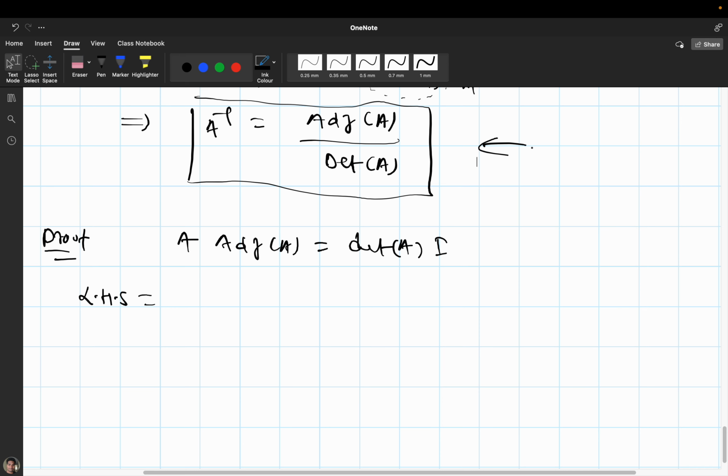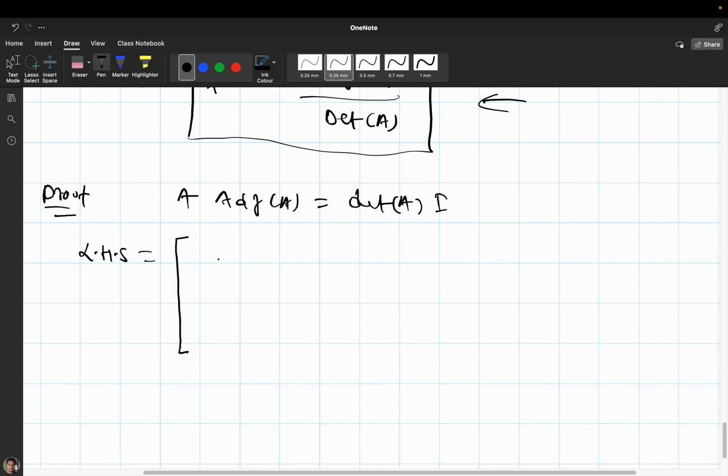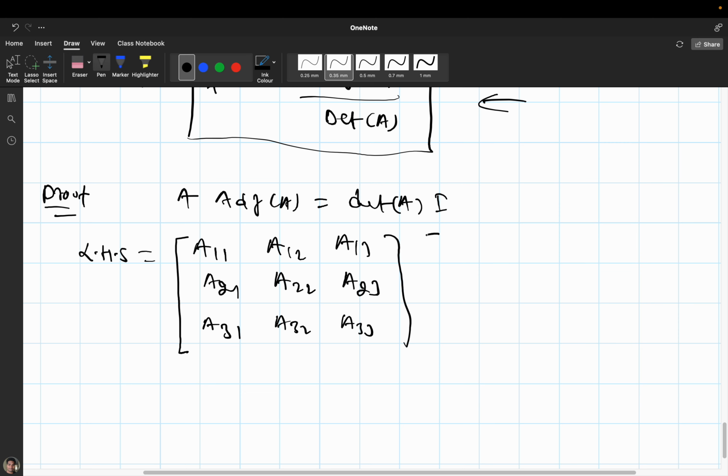Okay, fine. Then we find the determinant. I can write A like this. And in the place of adjoint A, can I write something?